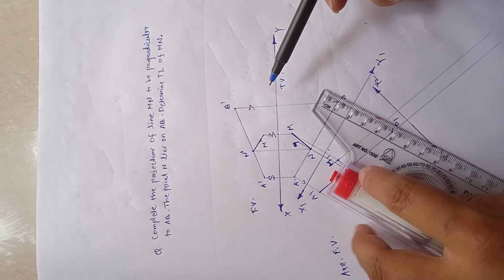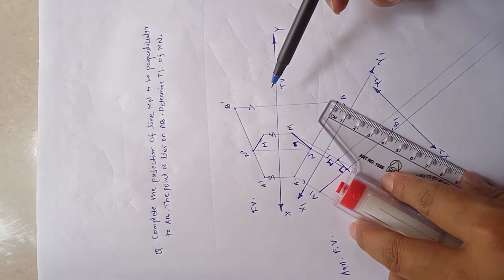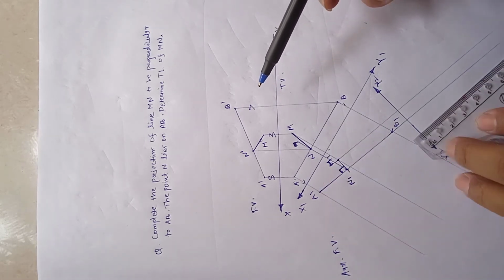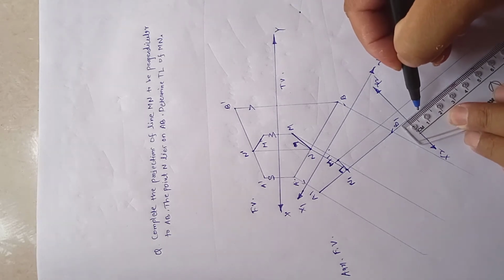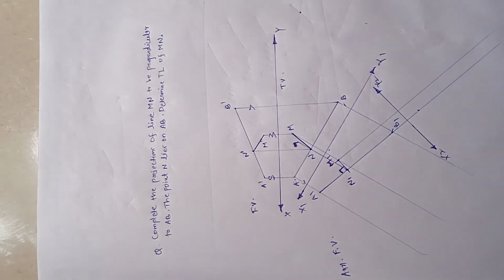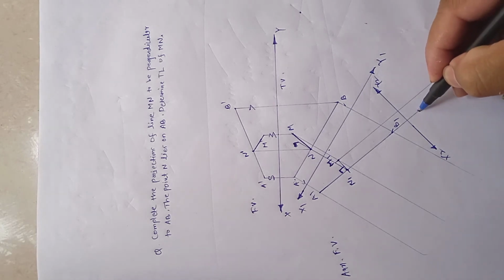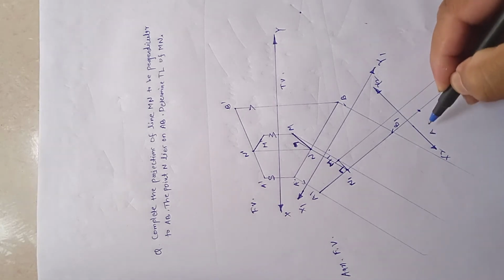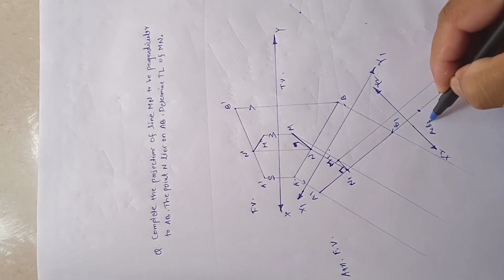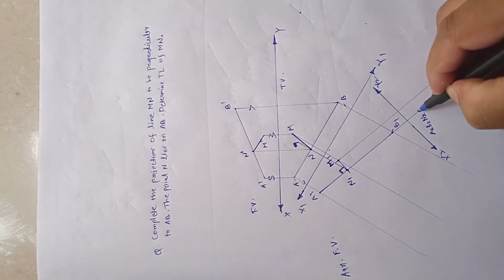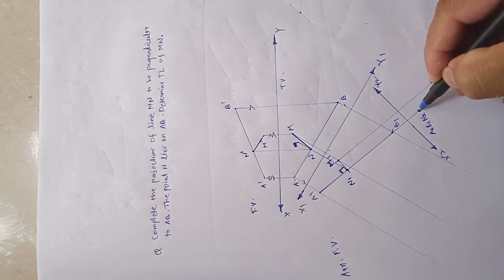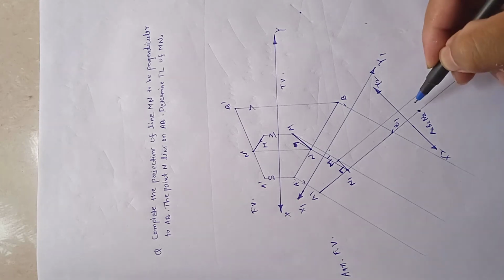This distance is 10 mm, so put the distance here. So here this is A2, B2 and N2. All these three points are coinciding with each other. This is the point view of line A1 B1.